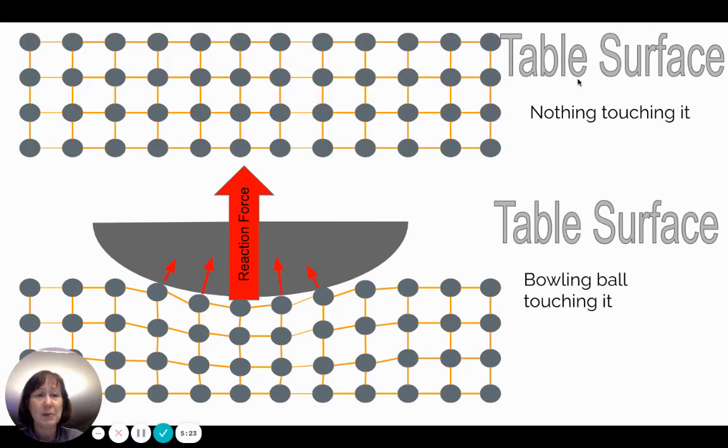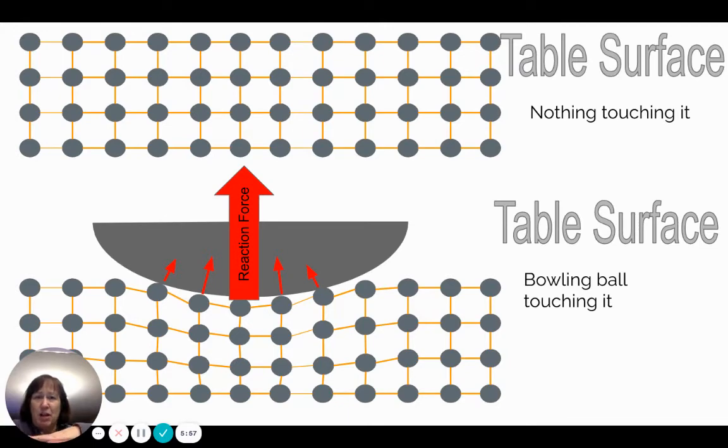So when we have the table surface with nothing touching it, we have this uniform distance in the electron clouds of every single molecule or atom. But then when we have something that touches the table top, the electrons of the object touching the table top repel the electrons of the table, and they make the atoms go closer together. So they're like trying to get away from the object that's touching them.